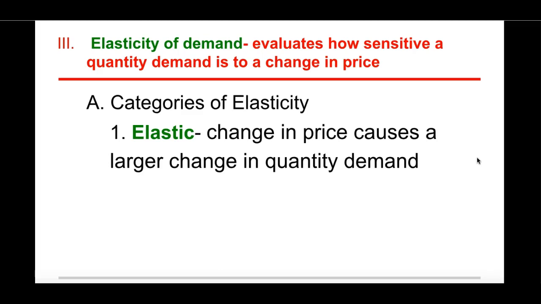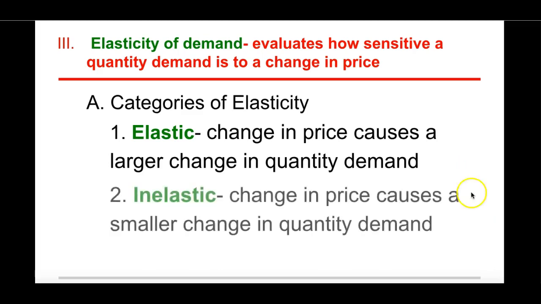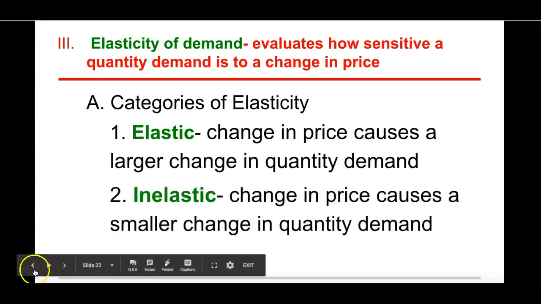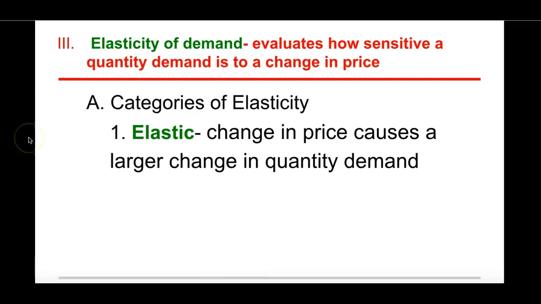These are going to be things where if the price changes just a little, people are going to freak out and all of a sudden they're going to buy a ton. The best examples of elastic are things like electronics, things like cars. Think about, for example, Black Friday, right?